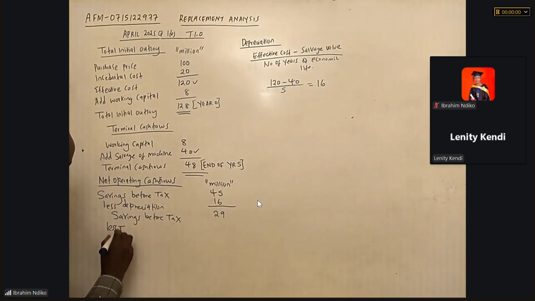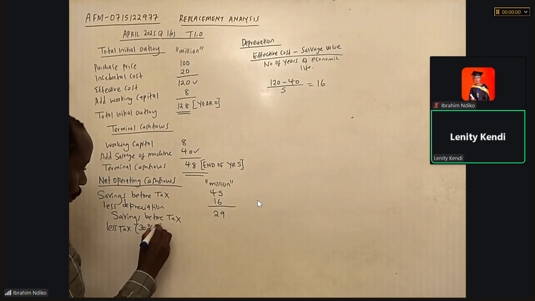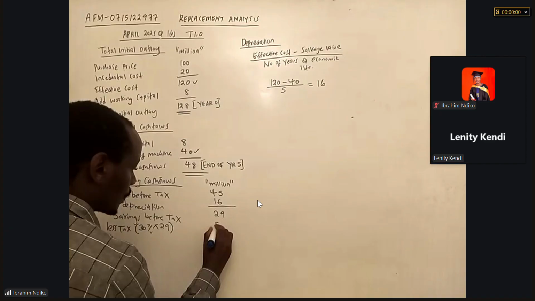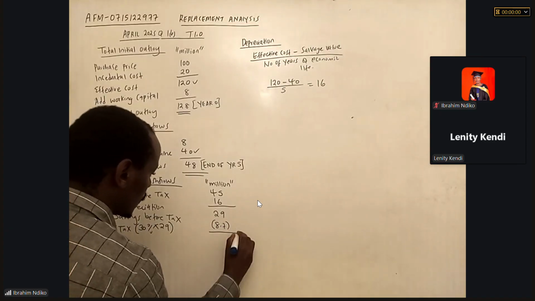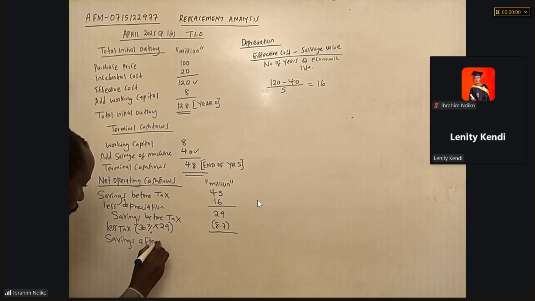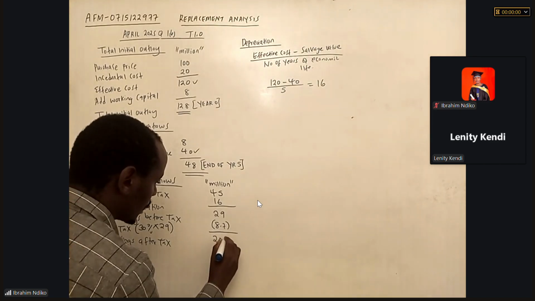That's how many percent? 30%. Of 29. So 0.3 times 29, 8.7. Then we get savings after tax. So 29 minus 8.7 gives 20.3.